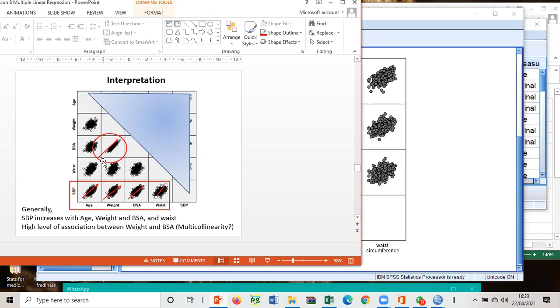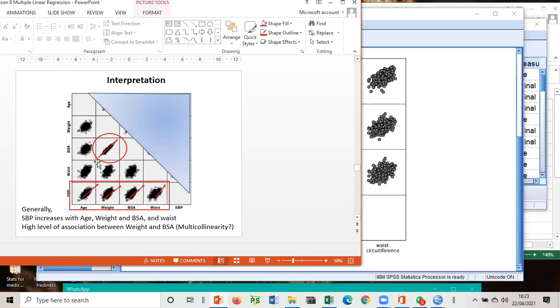Now look at this circle. What is this between? This is between BSA and weight, isn't it? Is it a very strong pattern? Yes. Now take your index finger and your middle finger and close them.